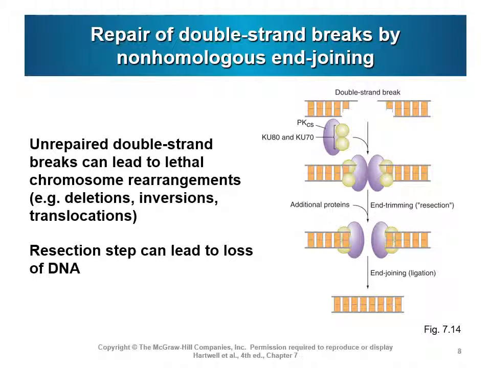Of course, some information of the DNA is definitely lost. However, it's better than not having anything at all and having a lethal outcome. So this is again one of the imperfect repair mechanisms.